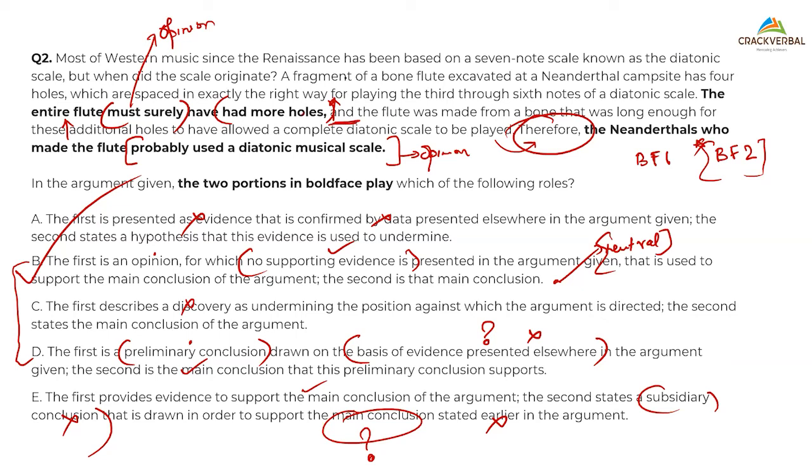That means both the X part and the Y part are my writer's opinion. This must have holes and the flute was made from a bone long enough. But where is the data? Where is the proof? Where is the proof in the para? Find me proof in the para. No proof, right?